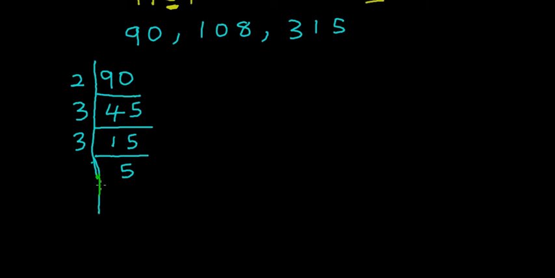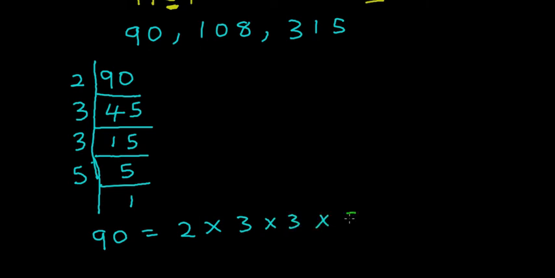This time around 3 can no longer go, because 3 into 5 will remain 2. So 5 we go into this. 5 in 5, that's 1. So the prime factorization for 90 is 2 times 3 times 3 times 5.